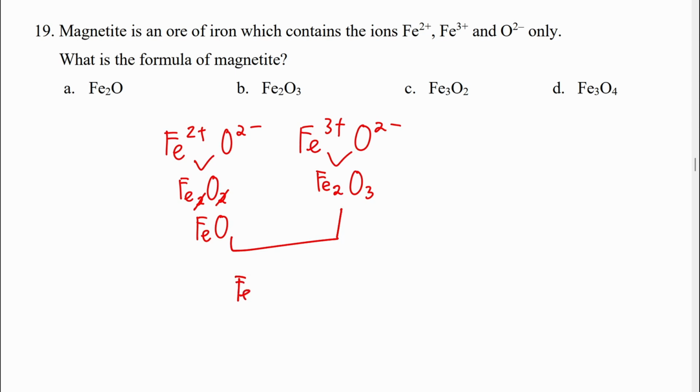So FeO plus Fe2O3 equals to, how many Fe we have in here? Fe3, right? So Fe1 plus Fe2 becomes Fe3, and O1 plus O3 becomes O4. So the correct answer here is D.